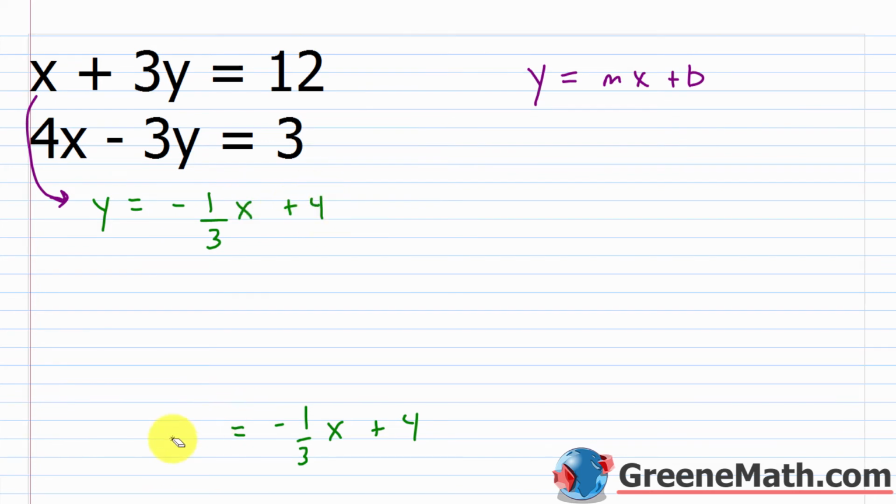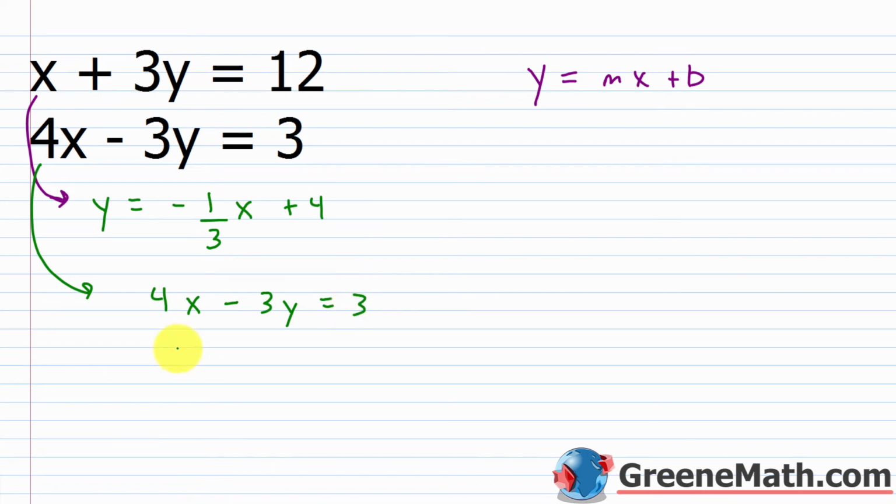All right, for the next one, let's go ahead and do that over here. So 4x minus 3y is equal to 3. Let's subtract 4x away from each side. That's going to cancel. I'll have negative 3y is equal to negative 4x plus 3.